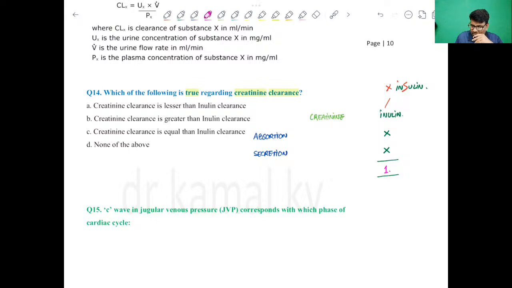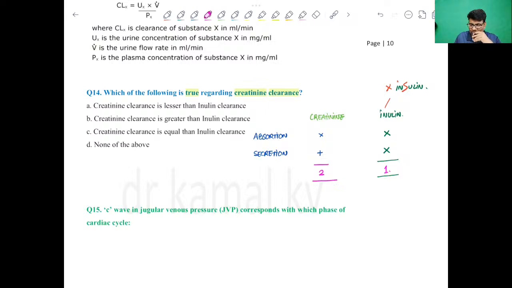Now what is happening here? Creatinine is secreted, and therefore the value becomes more. So the amount of creatinine which is coming out in urine, yes, you are right.